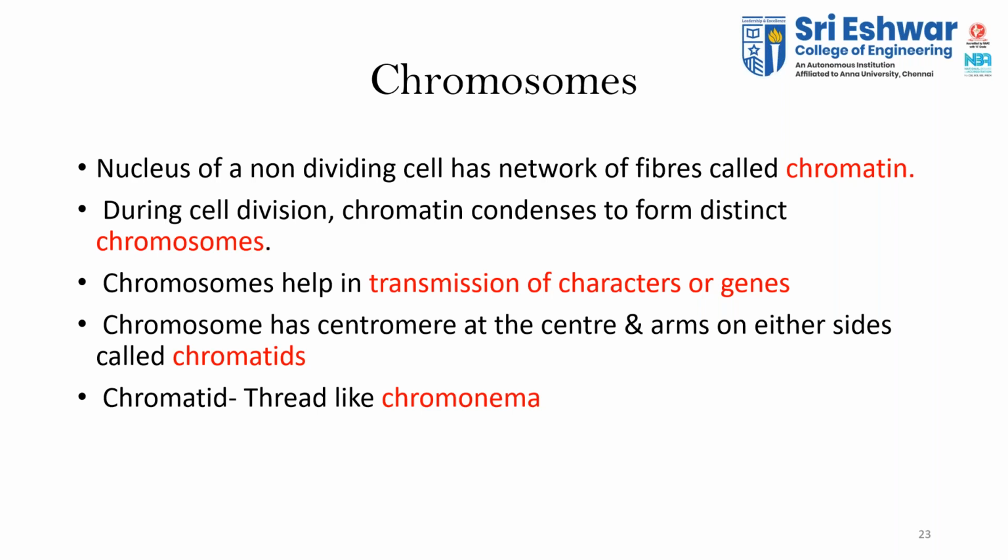It is used to transmit the signal or proteins from one function to another function, and the chromosome has a centromere at the center and arms on either side called chromatids. It looks like it has arms on two sides, right? That is called chromatids.